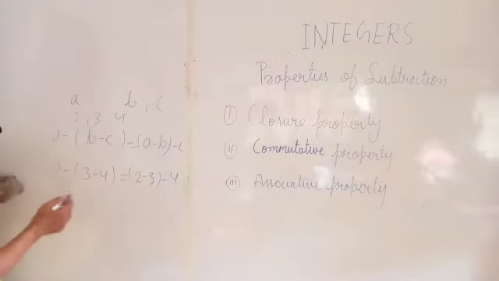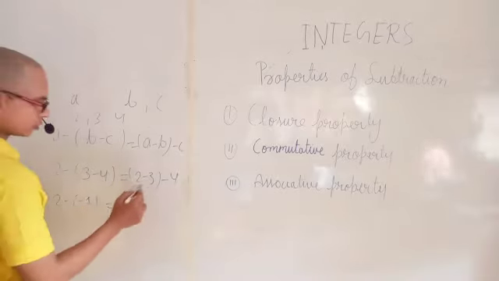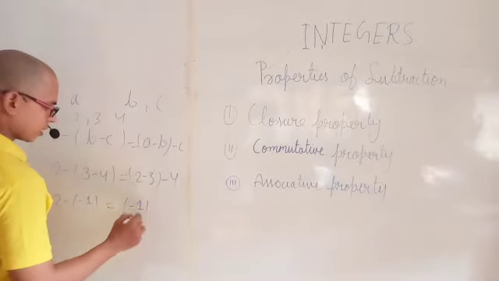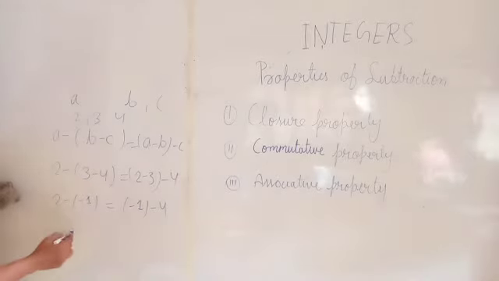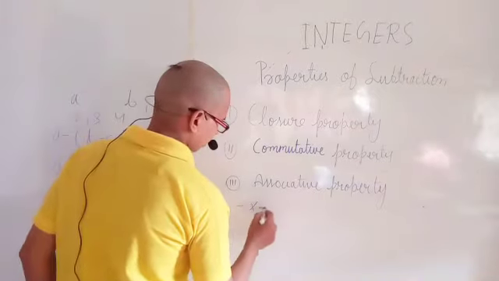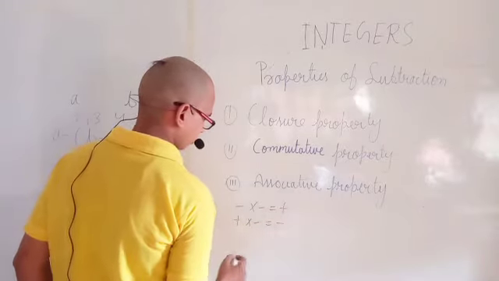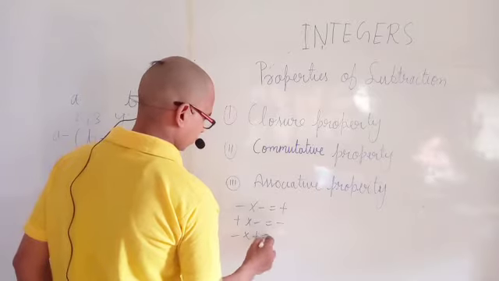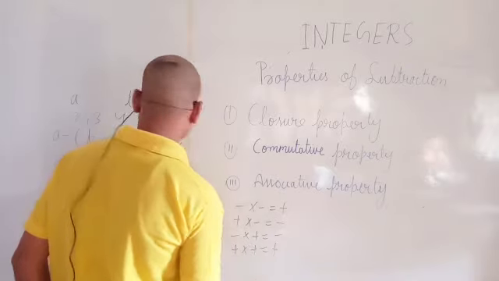Let's solve it. 2 minus 3 minus 4 means: 2 minus 3 is minus 1, and then minus 4. We also know the multiplication of signs: minus into minus is plus, plus into minus is minus, minus into plus is minus, and plus into plus is plus.